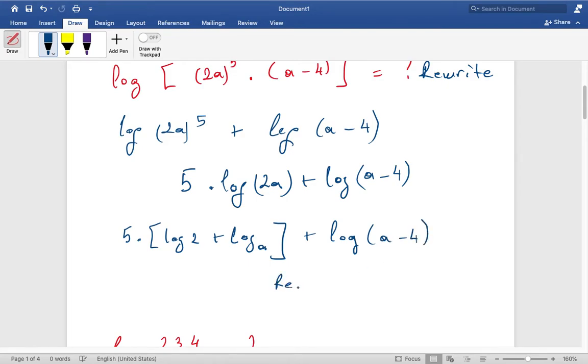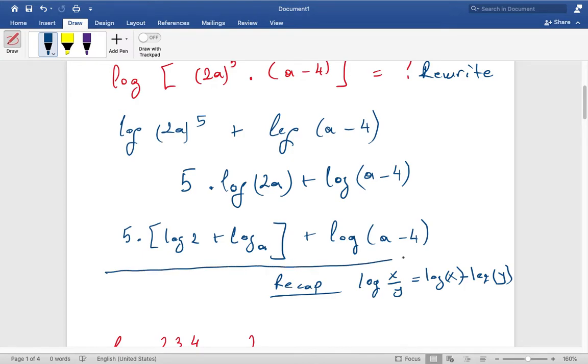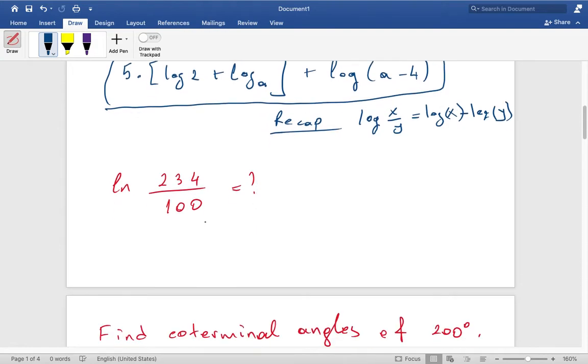Remember, the rule was this: if I have log x over y, this is equal to log x minus log y. So I don't have this case here, so I cannot continue one more step. So that's it. Okay, if I look at here, what about this? What can I do? ln of 234 divided by 100, I can say that this is ln 234 minus ln 100.